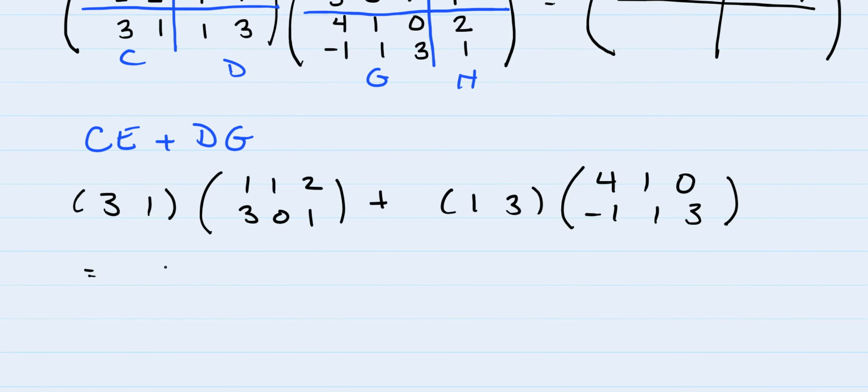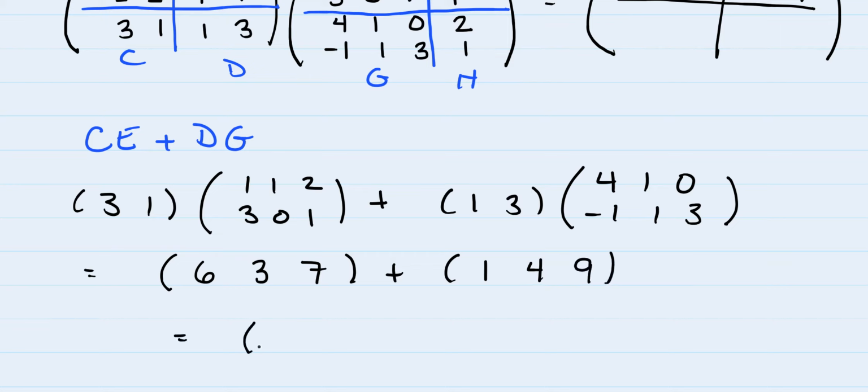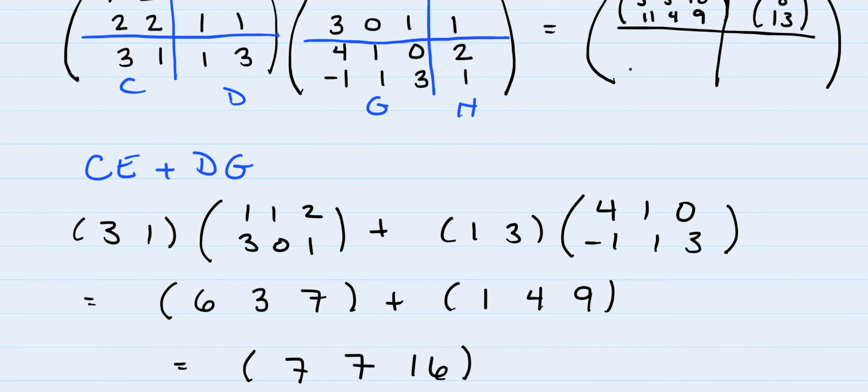And we'll get 3 plus 3, that's 6. 3, 6, I think that's 7. 4 minus 3, we get 1. 4, 9. So we end up with 7, 7, 16. So that'll go here.